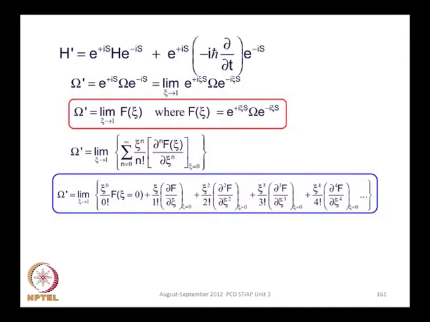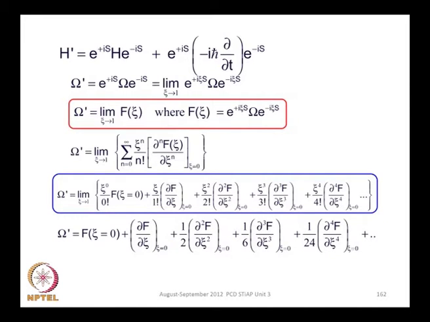So, let us do this. Let us have this power series expansion now, take the derivatives at xi equal to 0, and then after taking the derivatives take the limit xi going to 1. So, let us do it term by term. These are the derivatives at xi equal to 0, and then you take the limit xi going to 1.